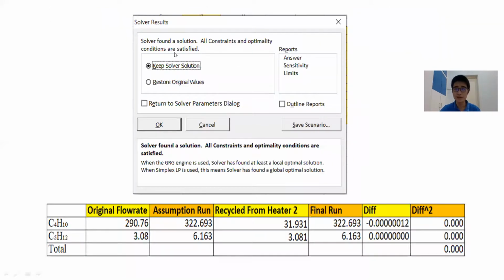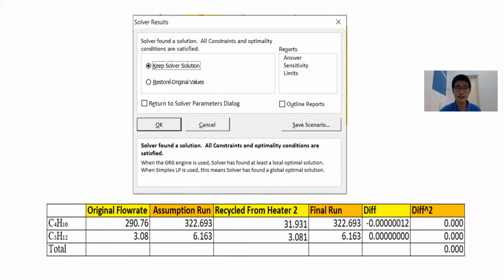Boom. Then this particular box will appear, which will ask us whether we want to keep the solution or not. If we press OK, the system will change to a constant total mass flow rate, because if we keep on recycling, the value will keep on increasing, until the increase in the mass rate is not that significant anymore.